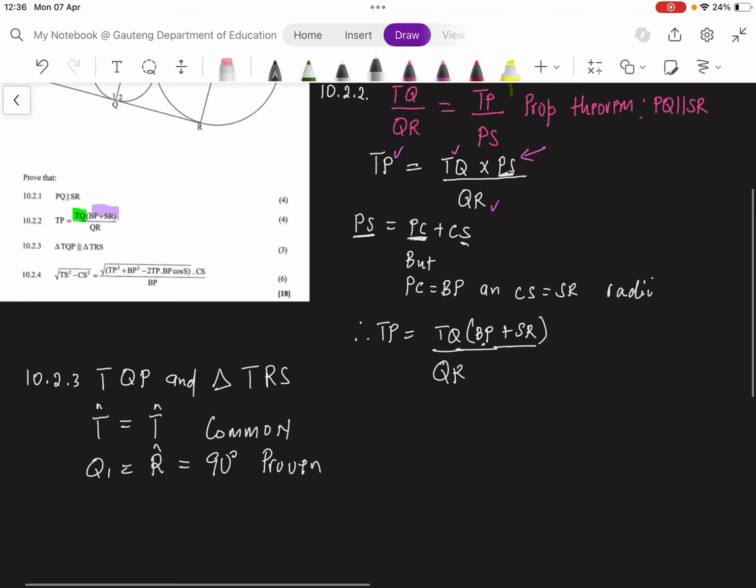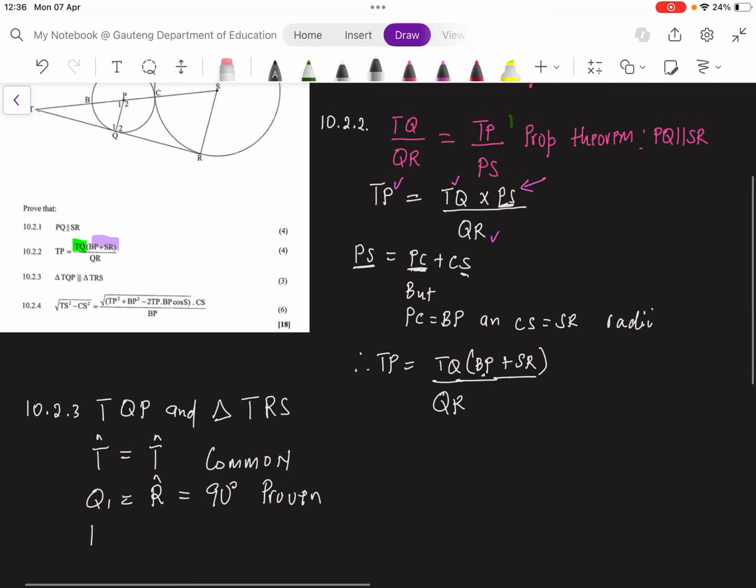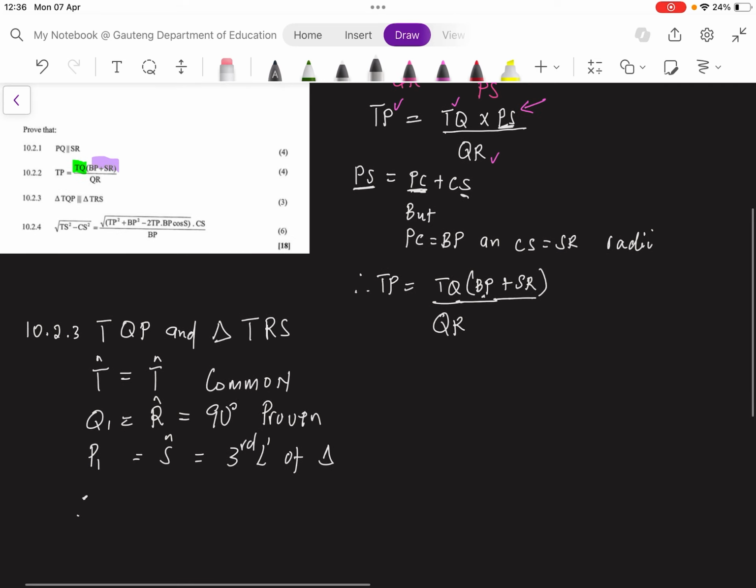That simply means even P1 is equal to angle S. This one is the third angle of a triangle. Now we can say therefore triangle TQP is similar to triangle TRS. Why? It is because of angle, angle.